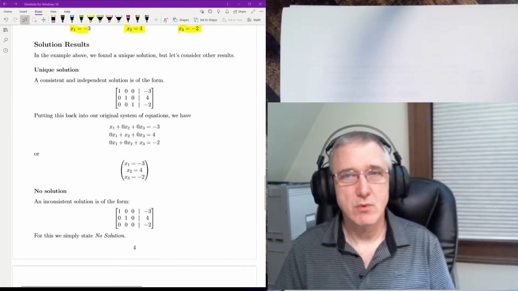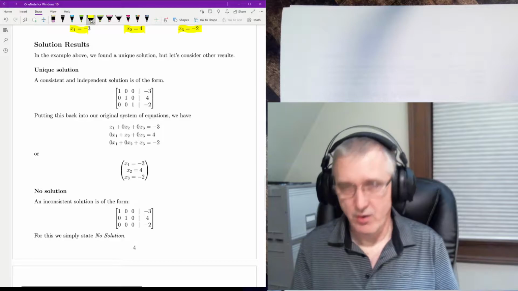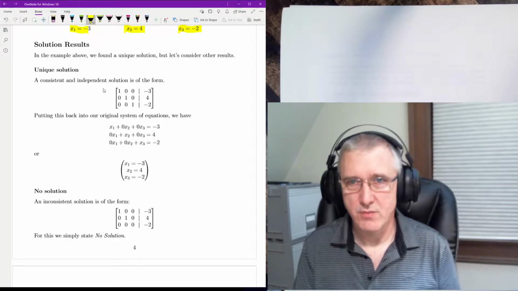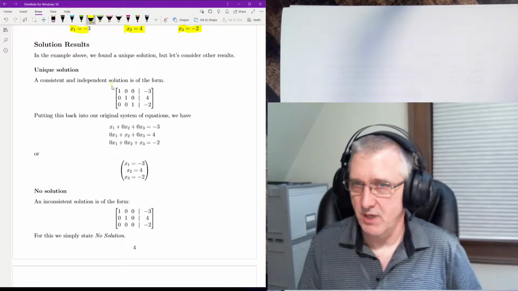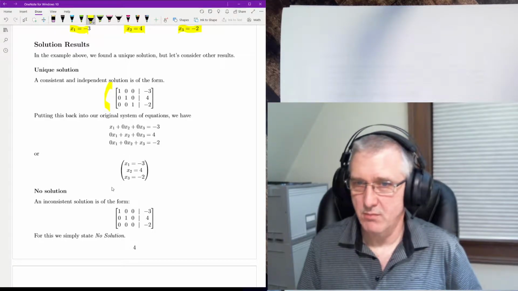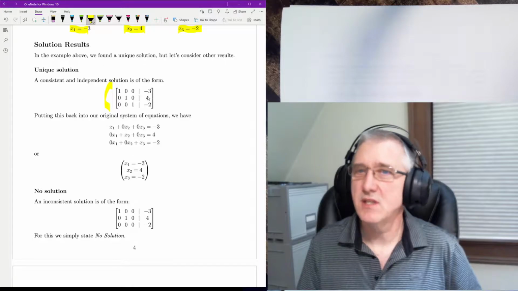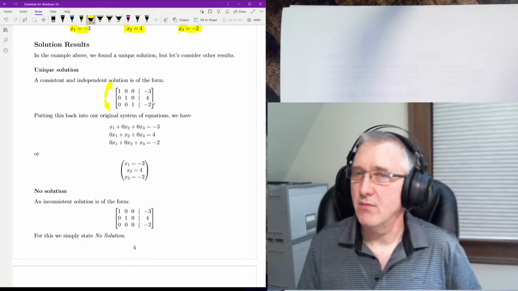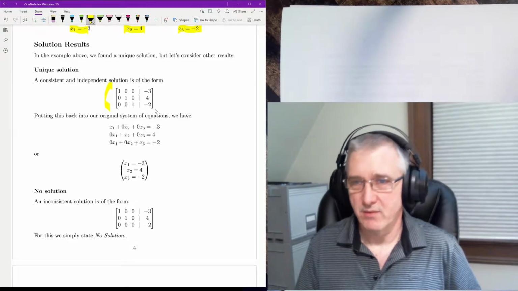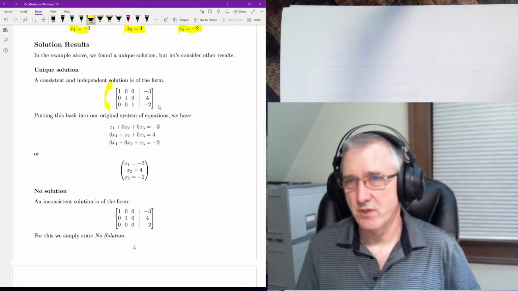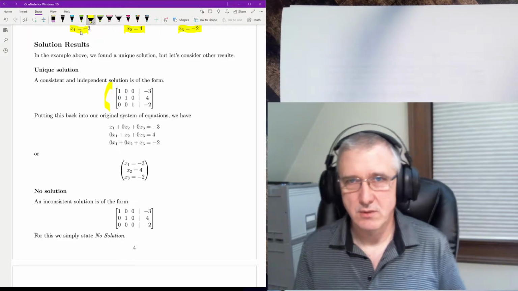Real quickly, let's say we reduce our forms to a Gauss-Jordan reduced form matrix. That's what this would be. We have a unique solution when we have a full matrix, no zero rows. When we have a unique solution, it's very straightforward and simple to write this out.